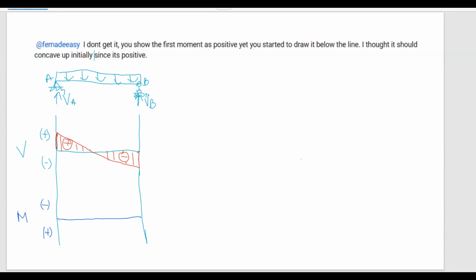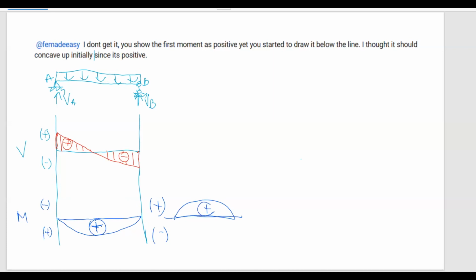And as long as we show that, we can draw our diagram this way, right? There's nothing wrong in doing it this way as long as we show the signs. So now this is also the positive side. Even though it concaves down, the diagram is the same as I just drew it, right? With the positive up and the negative at the bottom.